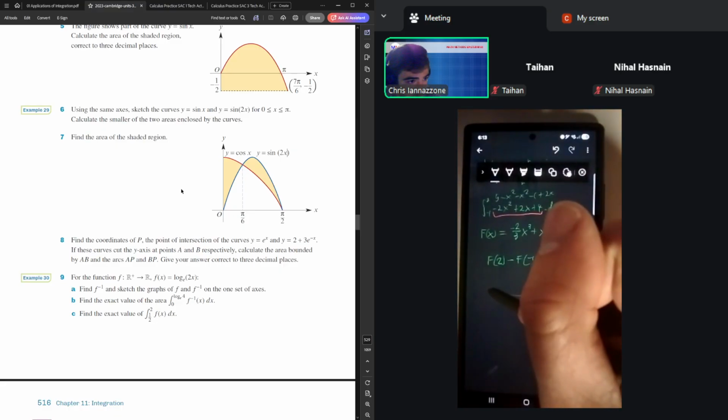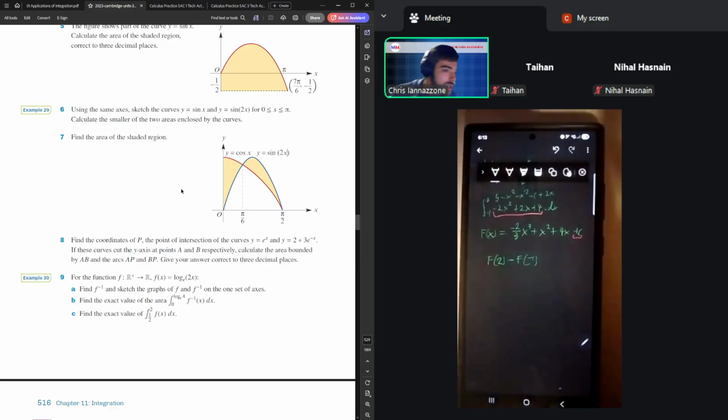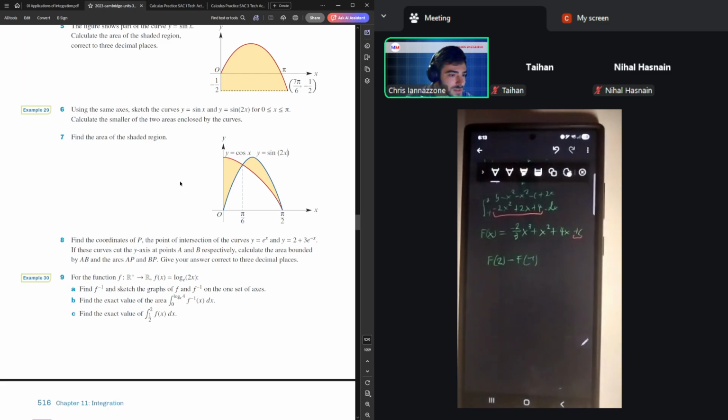Okay, so y equals cos x is the red one, and y equals sine 2x is the blue one. Beyond just where they're located, you can also tell which one's which based off the shape of the curve itself.